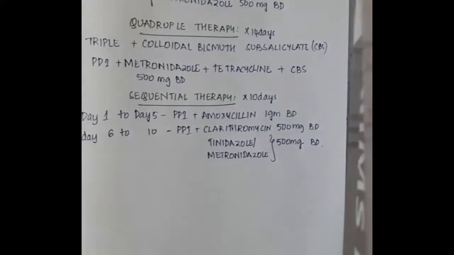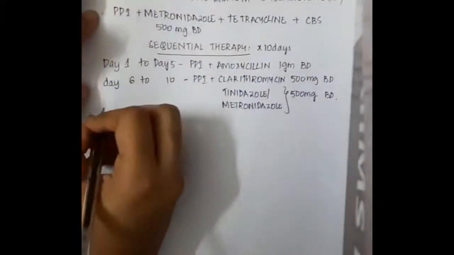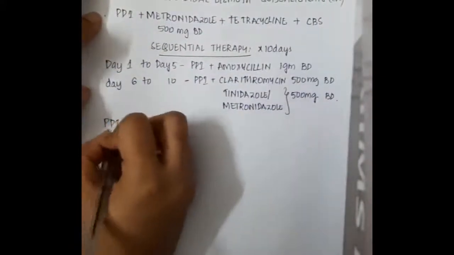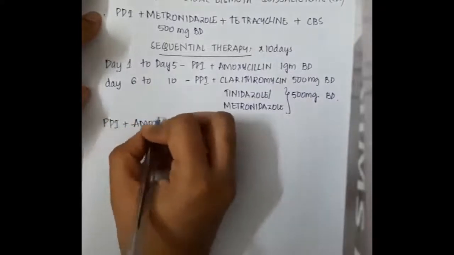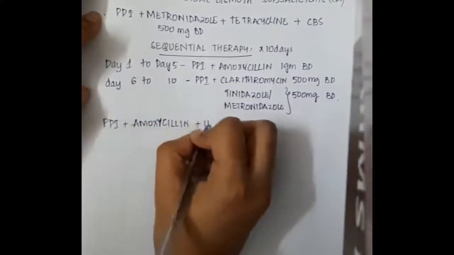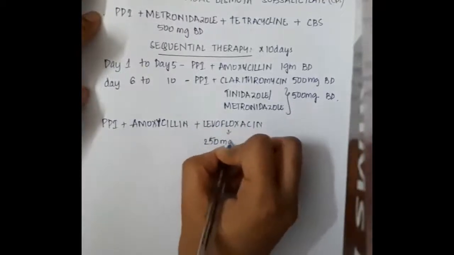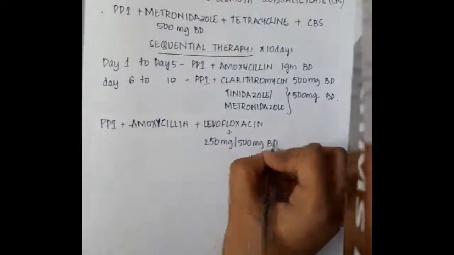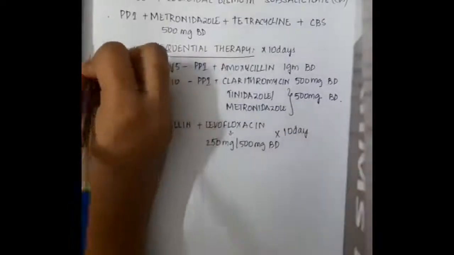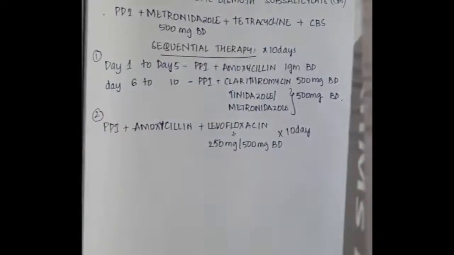This is one regimen. In the second regimen, we can combine proton pump inhibitors with amoxicillin and levofloxacin. These are given in 250 mg or 500 mg BD for 10 days. So this is the important treatment of H. pylori infection.